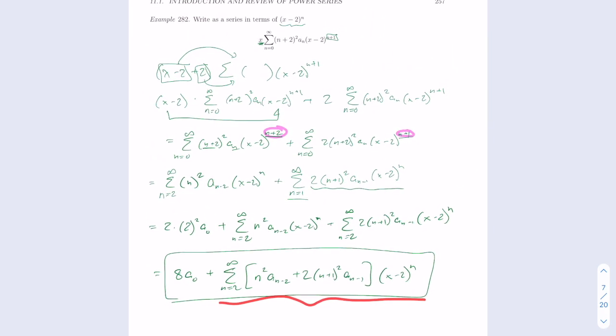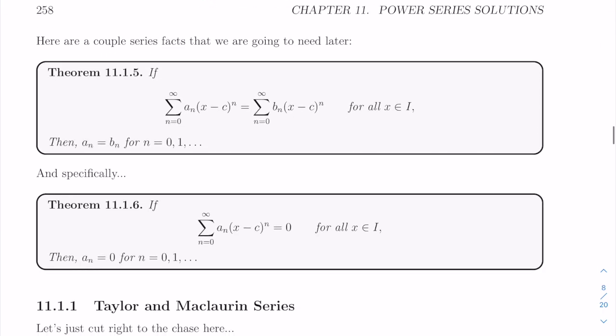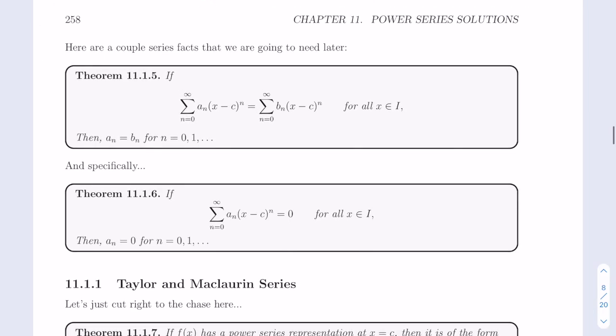Very good. Moving on. Some more facts that we're going to need later. Here is the first one. If you have two series that are equal for all x, that's important, because they can be equal for one x, that's not what we're talking about. If they're equal for all x, and starting in the same spot, identical with everything except the coefficients, then the coefficients are equal.